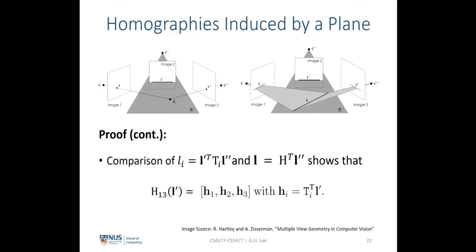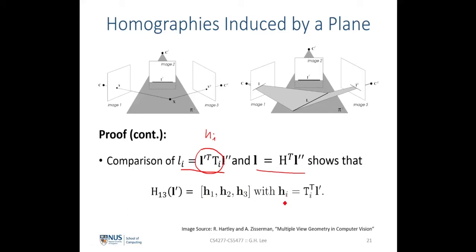A direct comparison of this incidence relation that we derived earlier on and the homography equation that we learned in the earlier lectures shows that L prime transpose multiplied by Ti defines a homography, or more specifically, in this particular notation, since we are looking at Li, the ith coordinate of the line, L prime transpose multiplied by Ti will give us the ith column of the homography matrix, which we can rewrite in this equation.